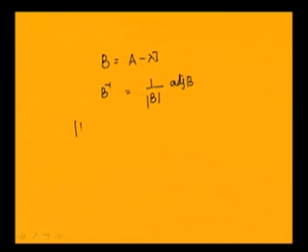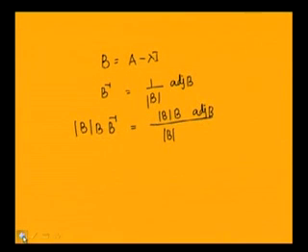Let me write B equal to A minus lambda I. If B equal to A minus lambda I, then I can write B inverse equal to 1 by determinant B into adjoint B. If you pre-multiply this equation by determinant B into B, determinant B into B inverse will be equal to determinant B, B, and then adjoint B. Already you know B into B inverse is the I matrix.